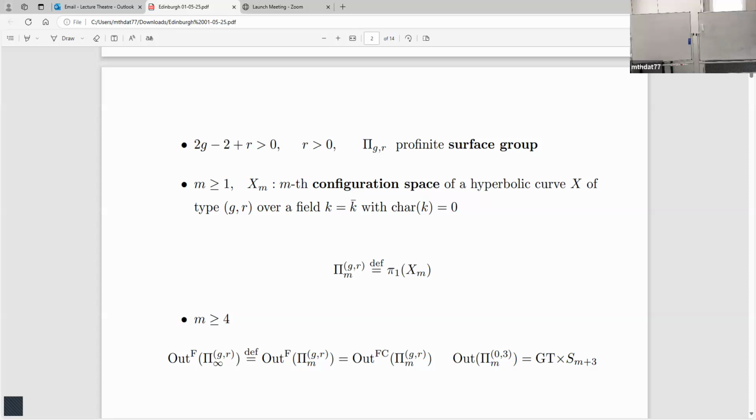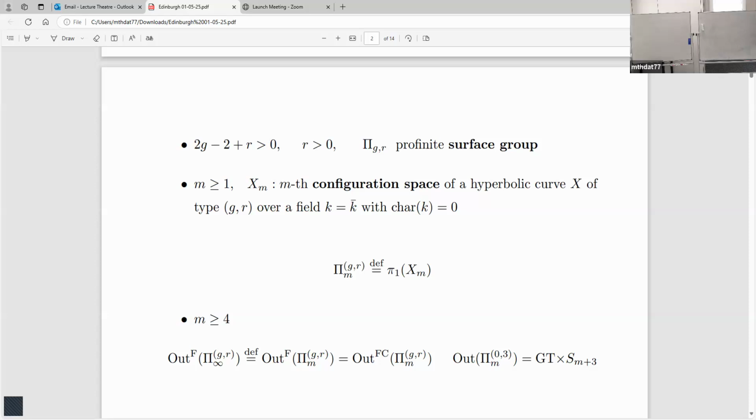Out^FC consists of elements of Out^F that induce automorphisms of these profinite surface groups which preserve the conjugacy classes of inertia subgroups. Globally, they map the conjugacy class of an inertia subgroup to another conjugacy class of an inertia subgroup.